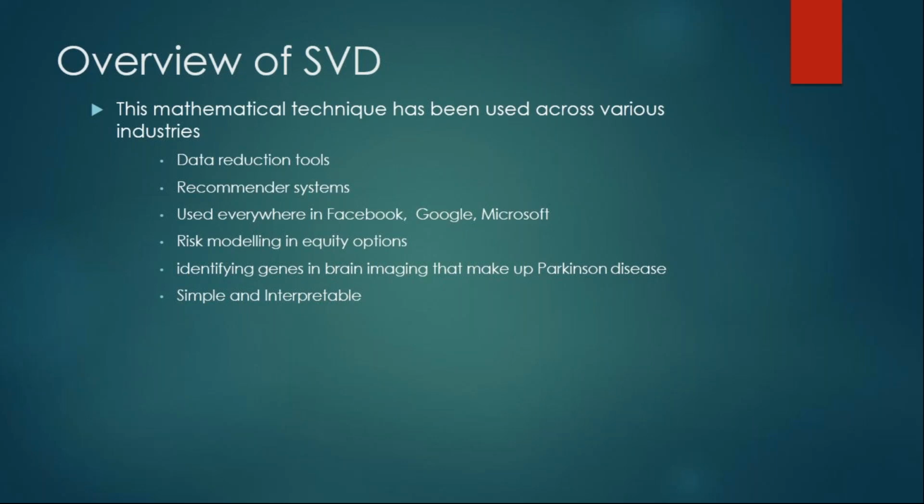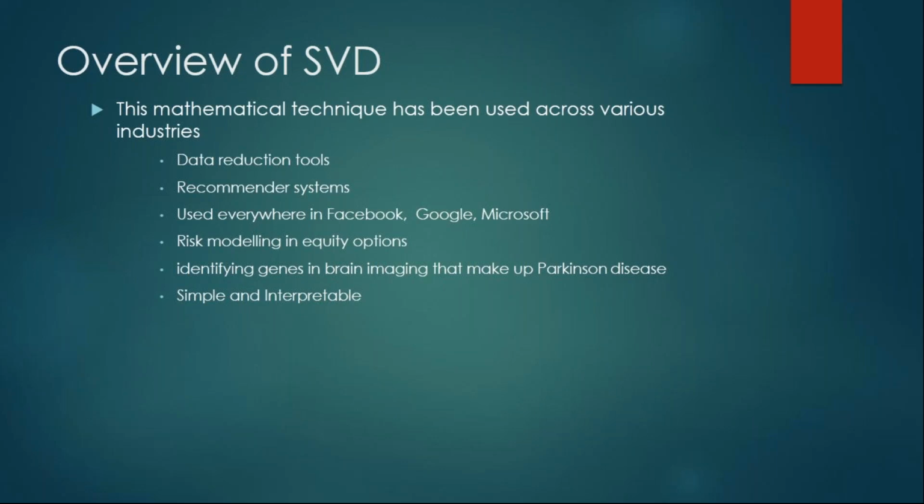and it is also used in recommender systems, and used at Facebook, Google, and Microsoft. It is used in the Google PageRank algorithm. Facebook also uses a facial recognition algorithm to tell who the person is in an image.